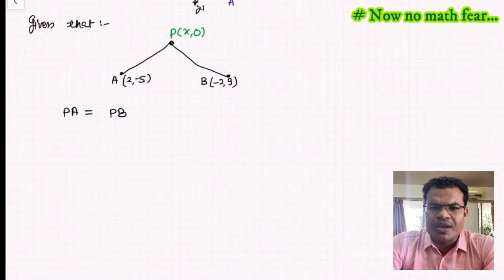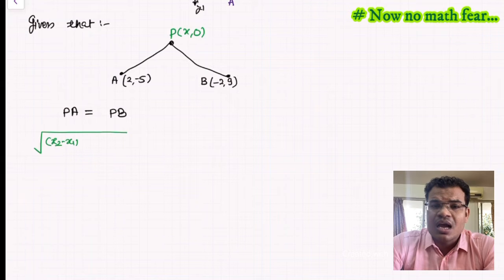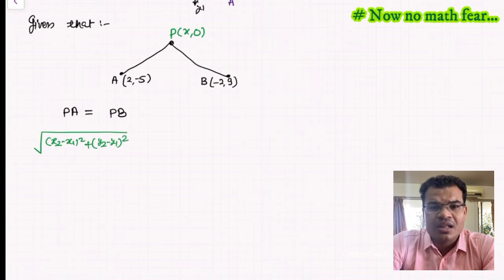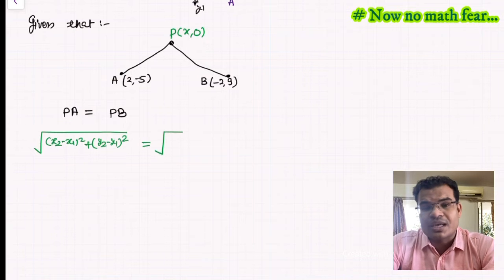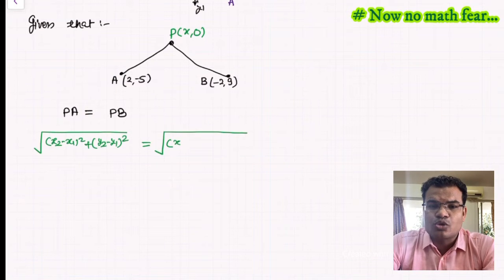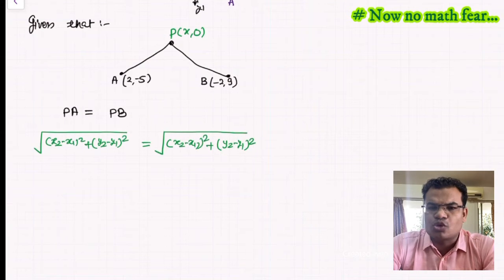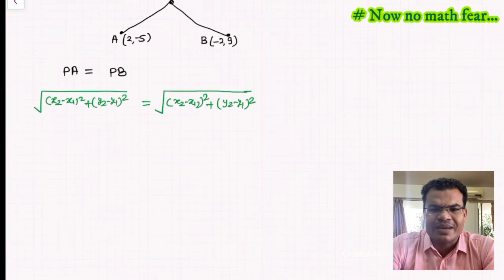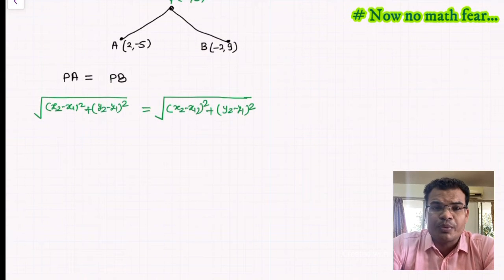And since PA and PB are the lengths of these segments, we'll use the distance formula. I'm writing here the square root of (x2 minus x1) whole square plus (y2 minus y1) whole square, is equal to the same formula repeated, square root of (x2 minus x1) whole square plus (y2 minus y1) whole square. These are the two formulas we have written, both are the same, and we'll apply them to PA and PB.